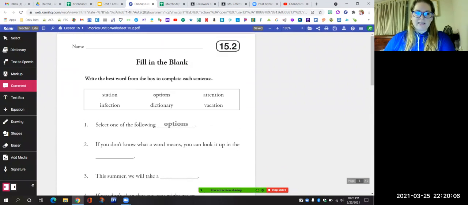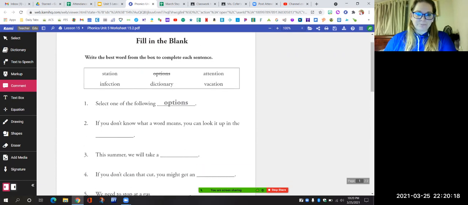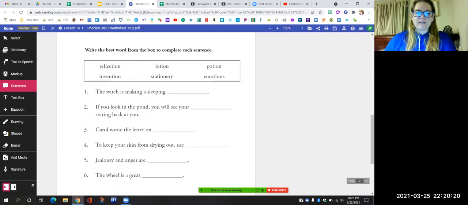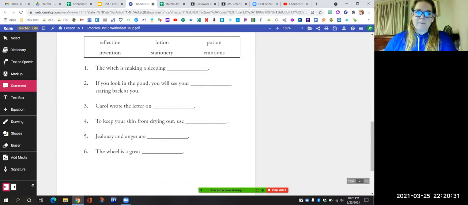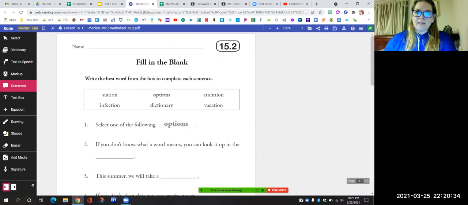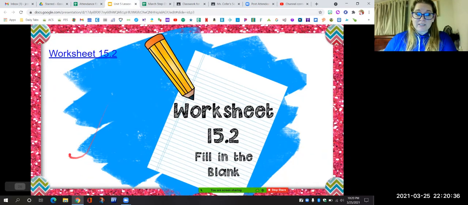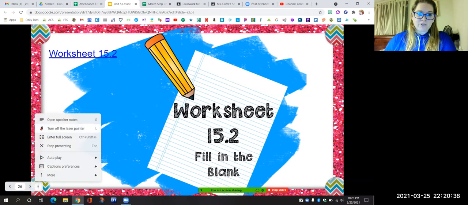The first page has station, infection, options, dictionary, attention, vacation. The second page has reflection, invention, lotion, stationary, potion, and emotions. So just like I said earlier, make sure that you do both pages, not just the first page.